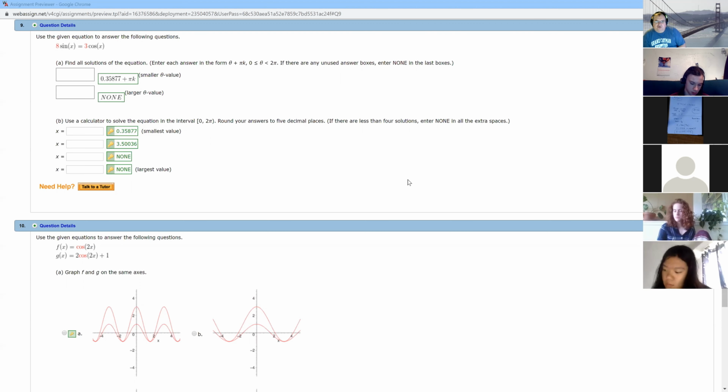Sorry, so for part A on this question that's showing on the screen, why is it that you want to put the larger theta value? Why wouldn't you put the 3.50, whatever, that's down on the second? Oh, why didn't you put this one? Yeah, I'm just curious why. Or is that just by design?